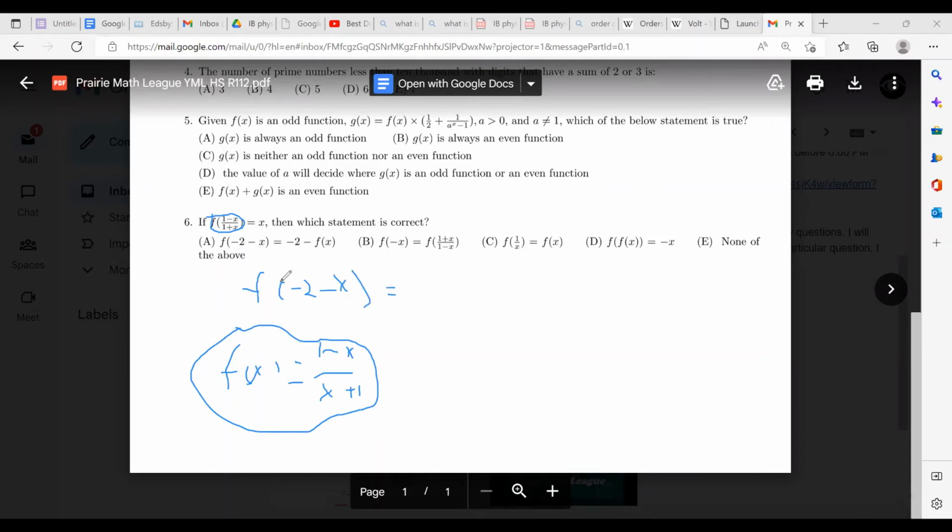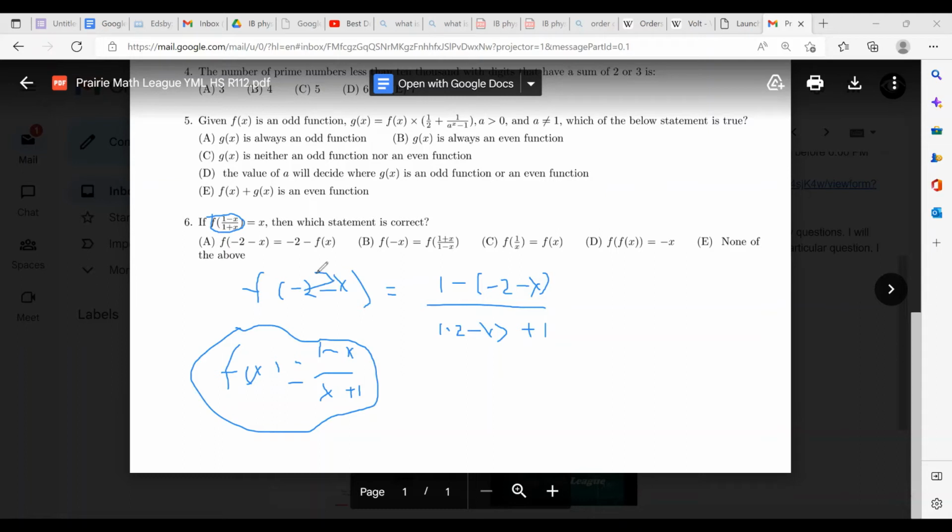Let's just plug negative 2 minus x in for this parentheses. So 1 minus negative 2 minus x, over negative 2 minus x plus 1.